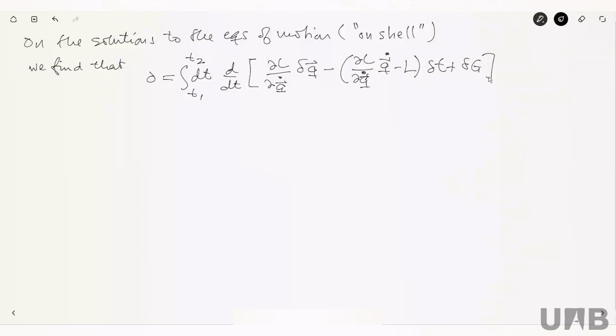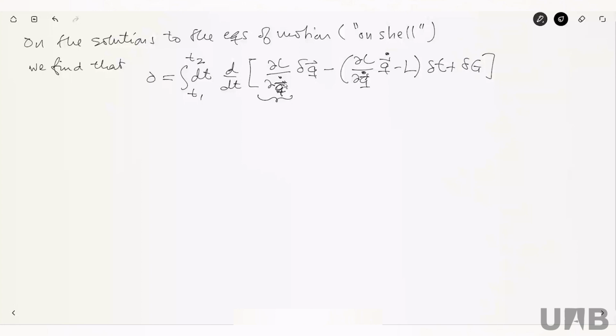So this is the condition that we find now on the equations of motion, okay? Now, let's see if we can identify things. Who is the partial of L with respect to q dot? By definition, the momentum?